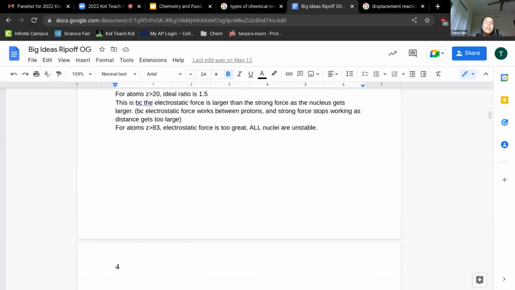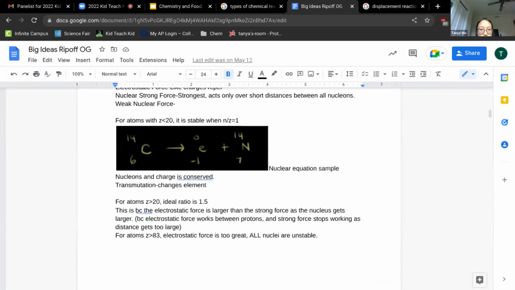Okay, but not everything is just going to randomly decay. That'd be really scary. So for atoms that have a Z larger than 20, the ideal ratio is 1.5. The N to Z ratio is 1.5.